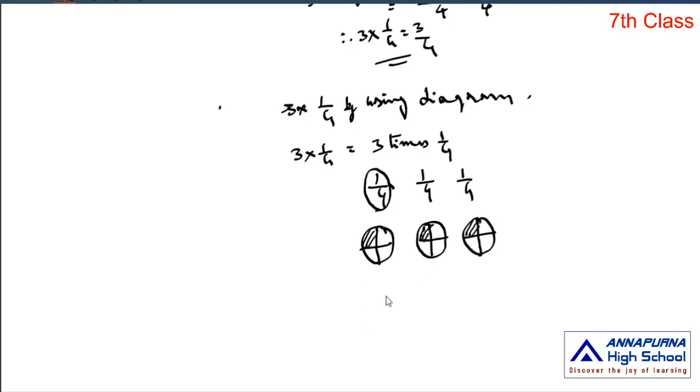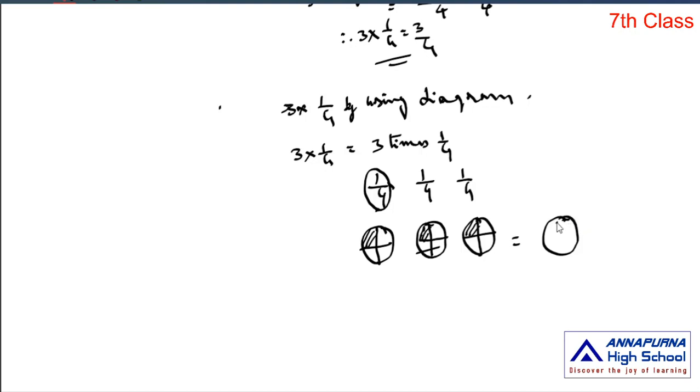Here the shaded portions in these are taken together. Suppose you take these three shaded parts together, so how many parts are shaded? 3 parts are shaded.